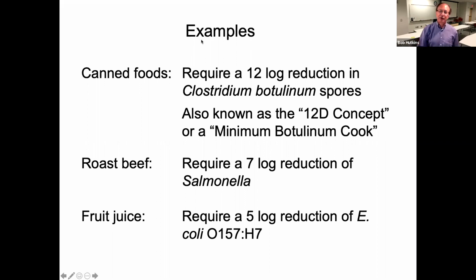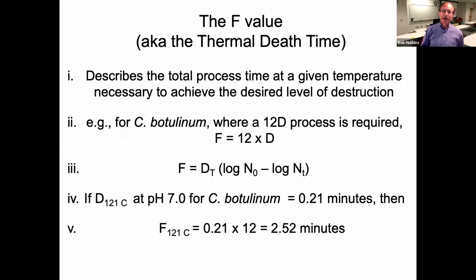I'm going to introduce another term, and that's called the F value. And I think this is the last of these kinds of D, Z and F values. The F value describes the total process time at a given temperature to achieve the necessary or the desired level of destruction. So for CBOT, I said it's a 12D process, means 12 times D equals F, the total time. Okay, and you could calculate that mathematically.